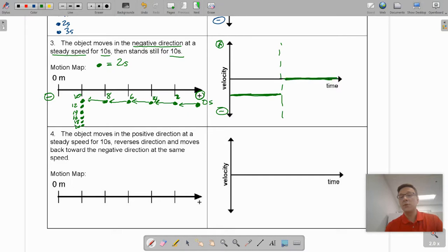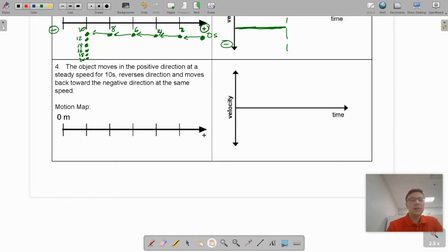So I'm going to try to make this thick so that you guys can see that. Okay, so flat line somewhere in the negative region on the left side of the dots, implying that the object's moving at a negative constant velocity the entire time for 10 seconds. Then it stops for 10 seconds, and we draw that line up here on 0. Okay. All right, moving on here to our last one of these.